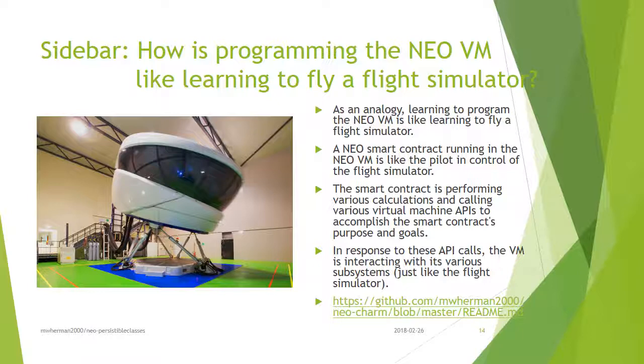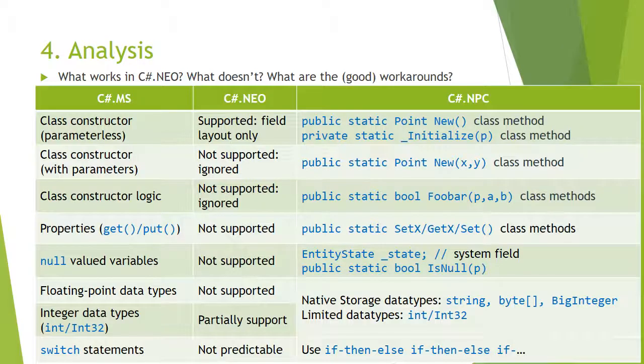Occasionally, the VM will reach outside of its immediate world to do things on your behalf. And so there's actually a very strong parallel, or symmetry, of incompatibility, I guess, between C# MS and the C# Neo that's implemented by the Neon compiler and the VM.